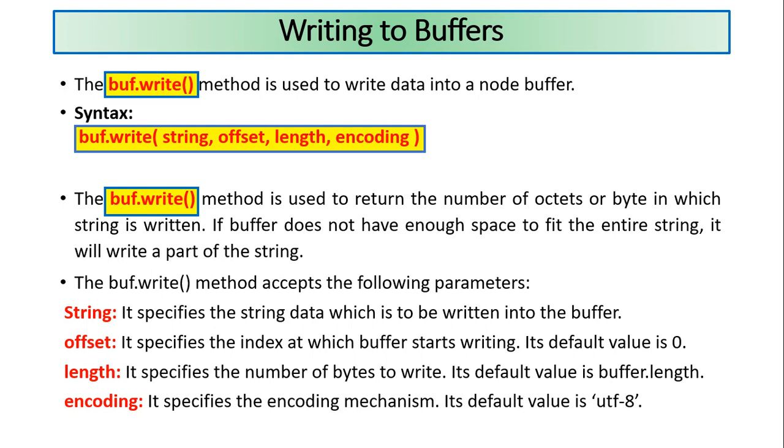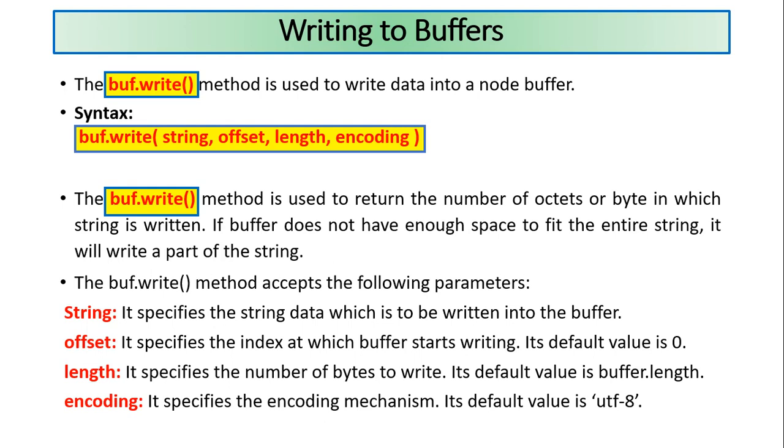Now the buffer.write method accepts the following parameters, or you can say arguments. The first parameter we use in the write method is a string. It specifies the string data which is written into the buffer. The second parameter is offset. It specifies the index at which the buffer starts writing, and its default value is 0.